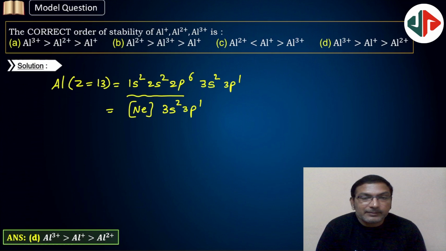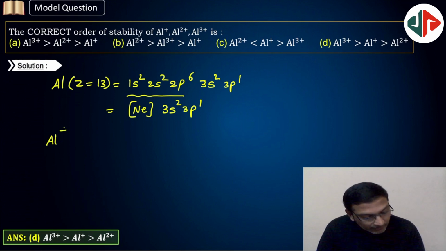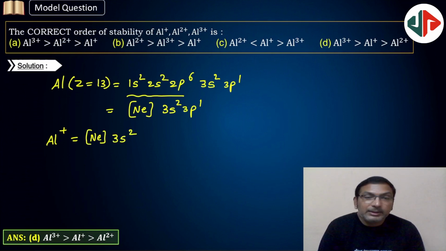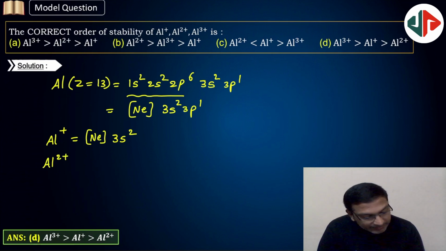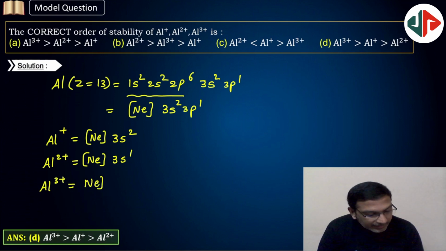Aluminium configuration. Next, Al+, removal of the p1 electron, gives neon core 3s2. Al2+, neon core 3s1. Al3+, just neon core.